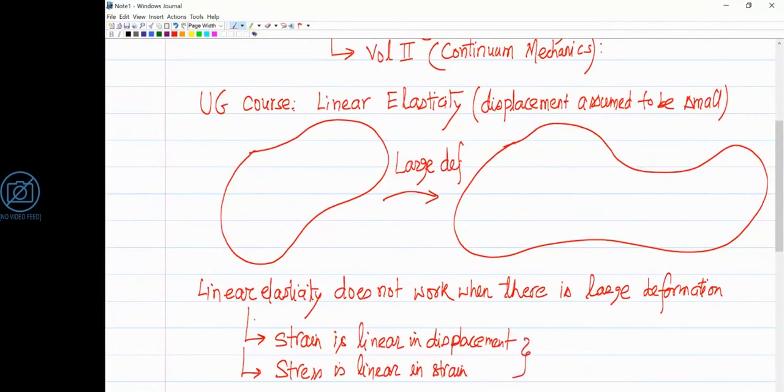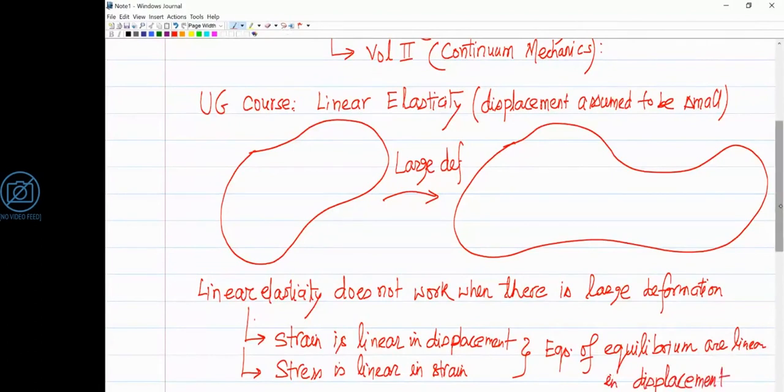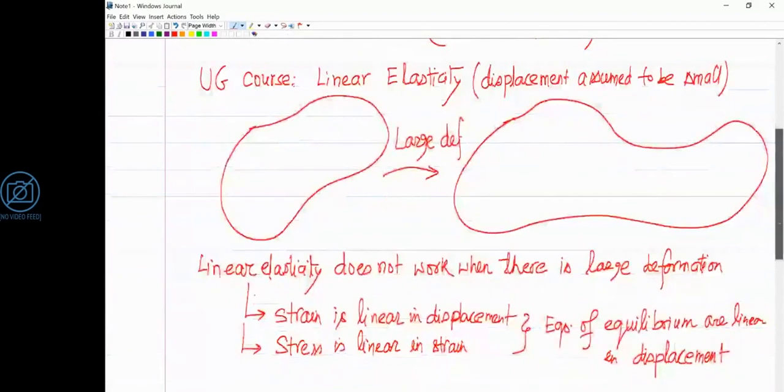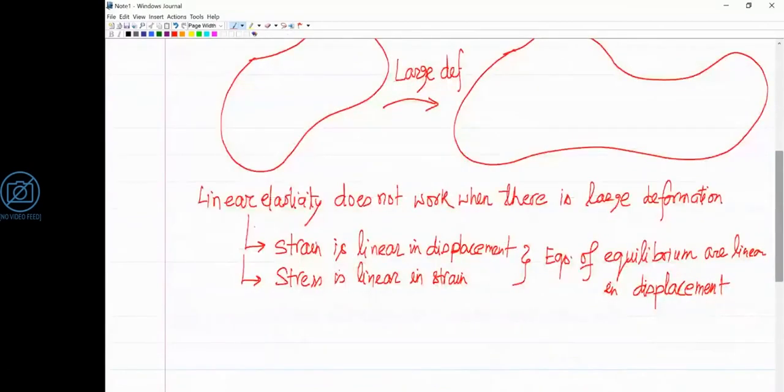And these two together mean that the equations of equilibrium are linear in displacement. If you can't see what I'm writing, if you want me to write bigger, just let me know. And that's why we call it linear elasticity.